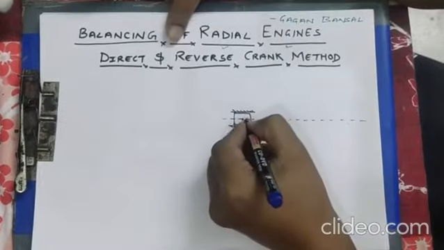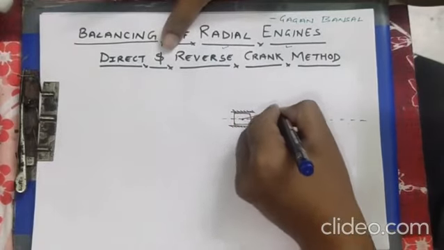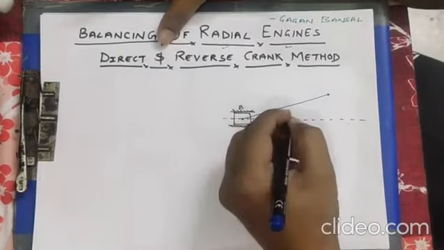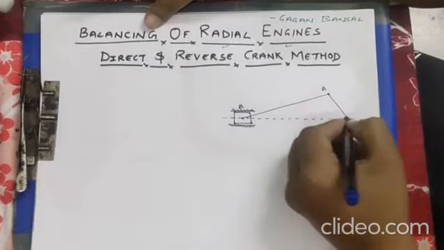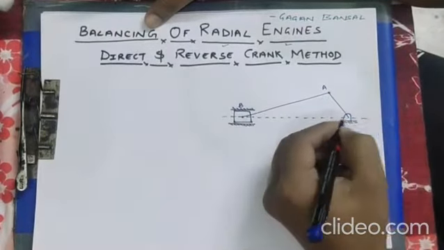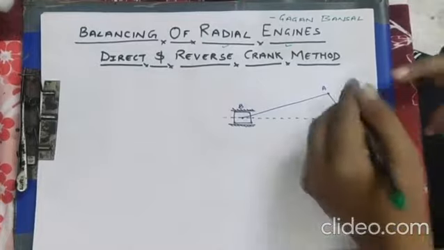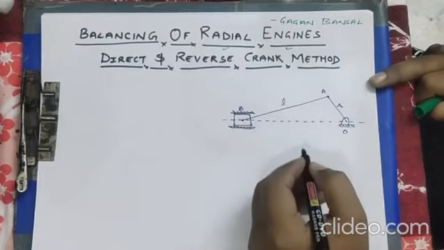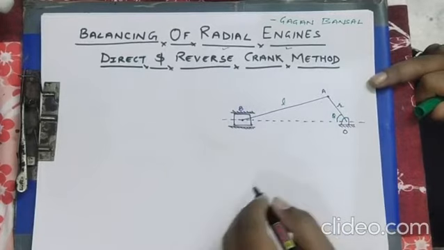Suppose if I am drawing a simple slider crank mechanism. Suppose we have a slider B, we have a connecting rod AB and we have a crank OA having the radius R, the length of the connecting rod is L as usual, and at an instant suppose this crank is making an angle theta with the line of action.